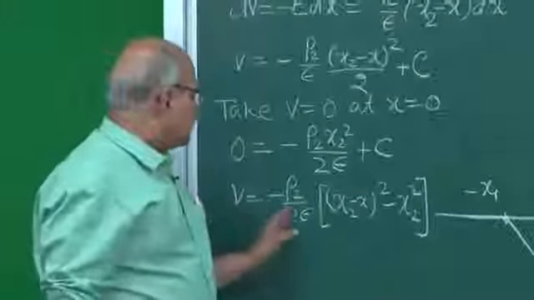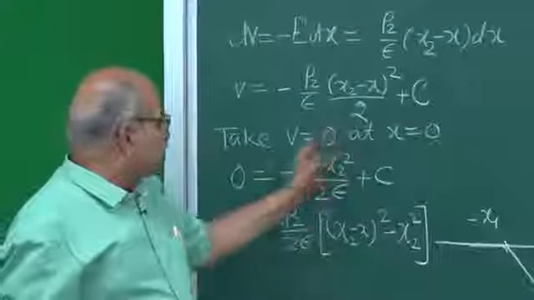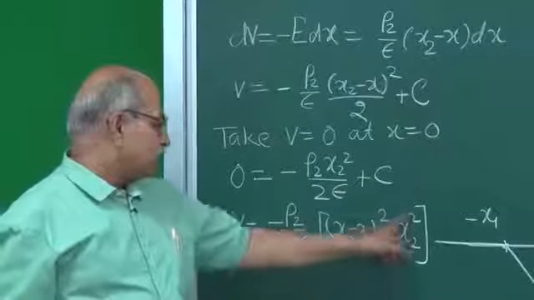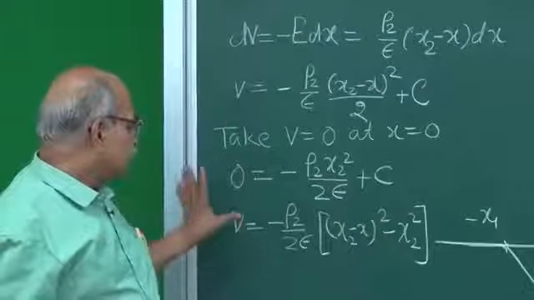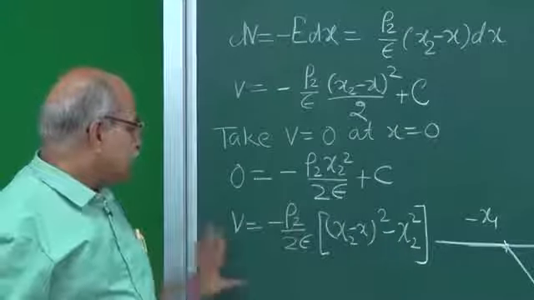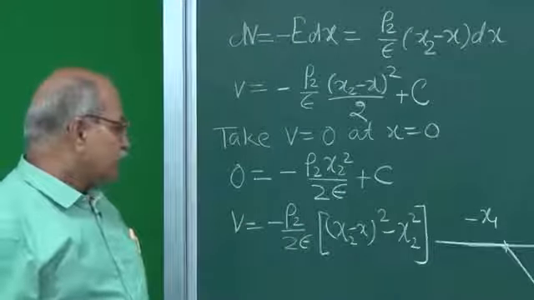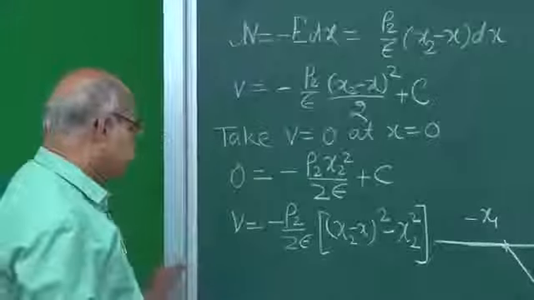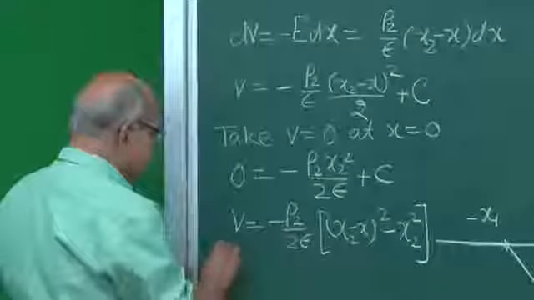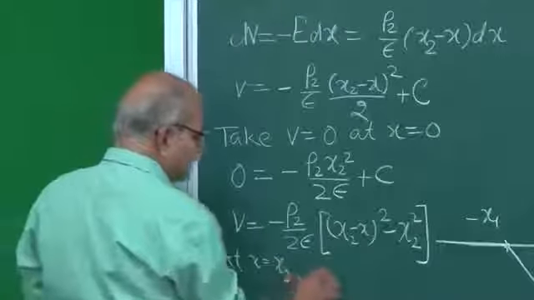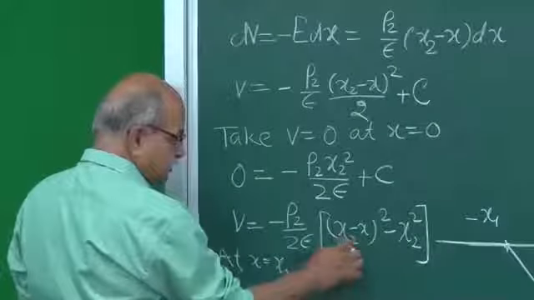So let's check. At x equal to 0, V should be 0. So at x equal to 0, it is x2 square minus x2 square, that is 0. That's fine. So we have substituted it correctly. So this is the expression for V. And what is V at x2? At x equal to x2, this goes out.